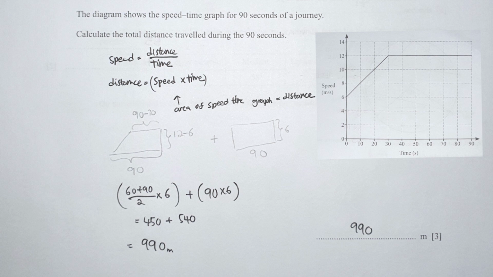Some might prefer breaking it down into a triangle and two rectangles alongside it. It's optional. In my case, I broke it down into a trapezium and a rectangle. The trapezium formula is top plus bottom, divided by 2, multiplied by the height, which is 6 here. After calculation, you should get 990 meters.